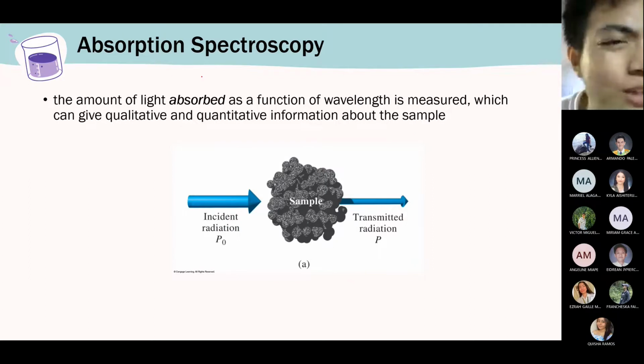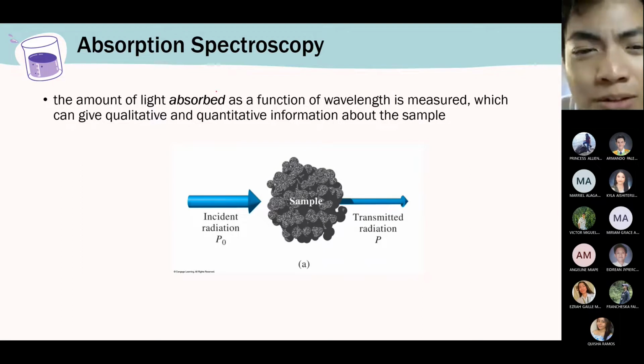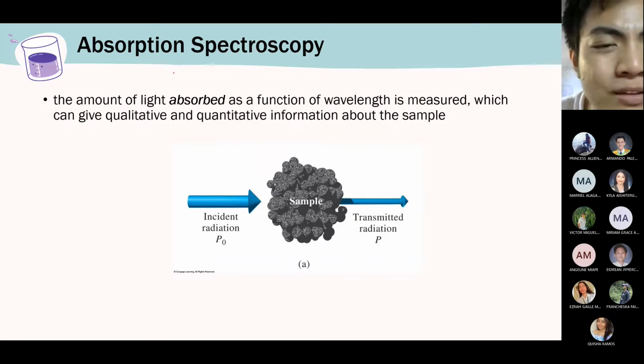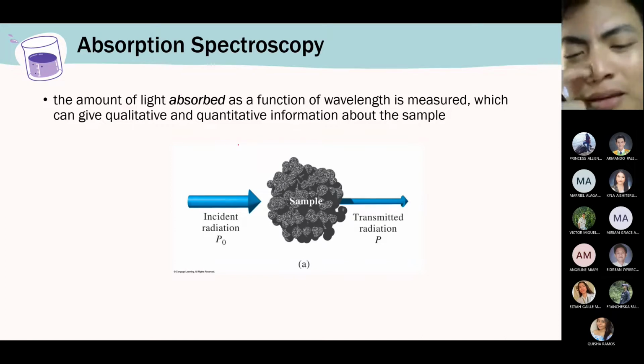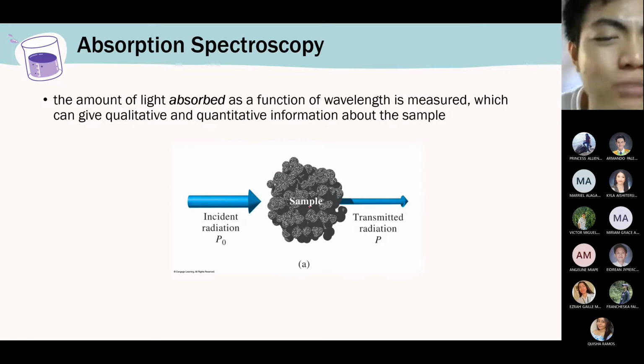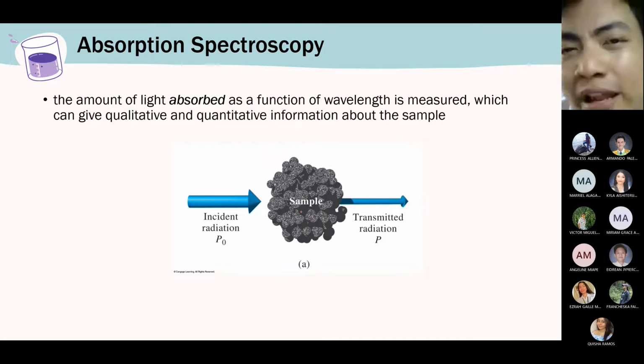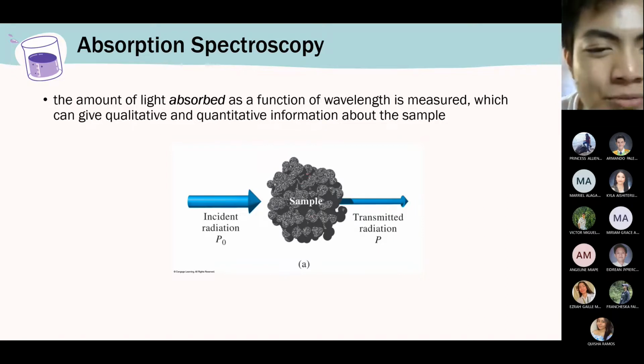Next one is absorption spectroscopy. This is what you will do in the laboratory. In absorption spectroscopy, our matter, instead of emitting light, will absorb the light. For example, I have here 200 units of light.